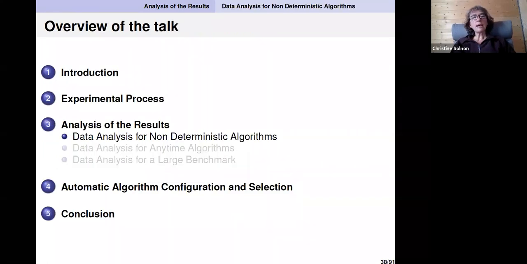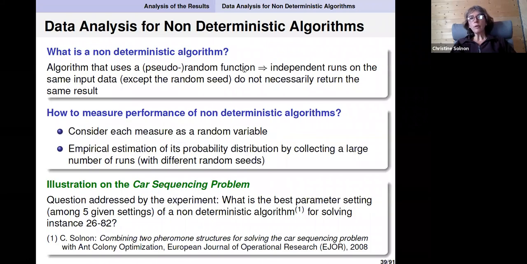So first, let us consider the case of non-deterministic algorithms, which are algorithms that use a random function. In this case, if I run several times the same program on the same instance, of course, I change the seed of the random generator. I won't measure the same thing because the random function will change things in the execution.